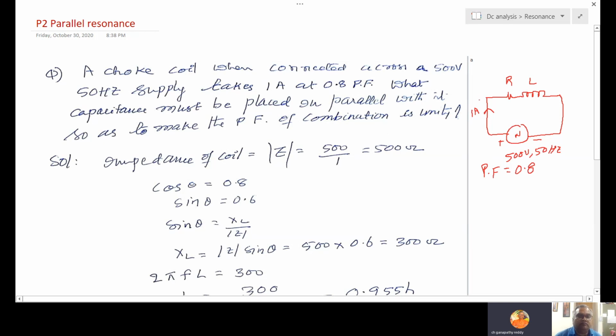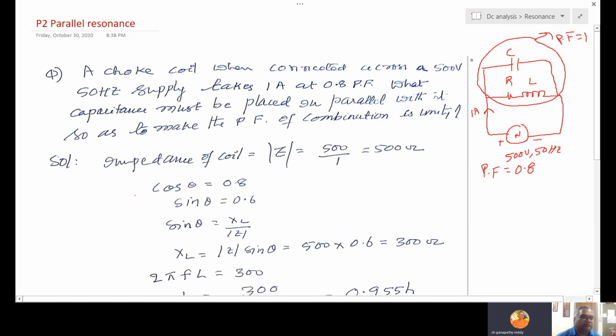So that is the given data. Now what capacitance must be placed in parallel with it so as to make the power factor of the combination unity? So for what value of capacitor you have to find. After this, the total power factor is 1. What value of C makes the overall power factor 1?